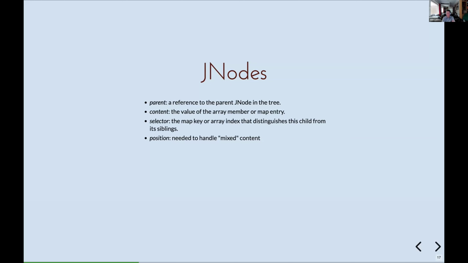It has a parent. Then it has a content, which is all the things that are inside of it. So for an array, that will be all its members. For a map, it would be all its key-value pairs.